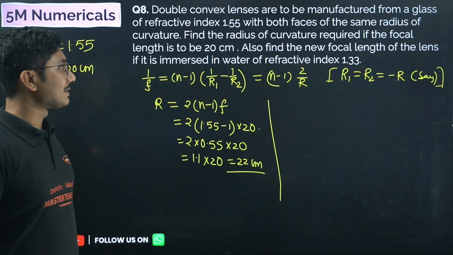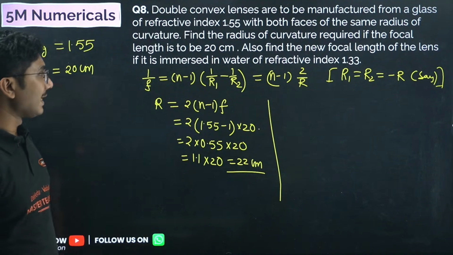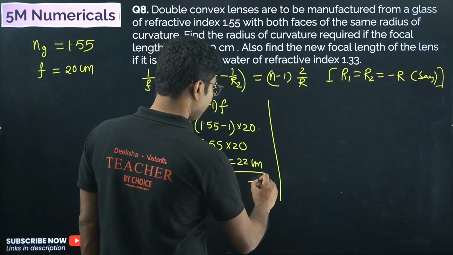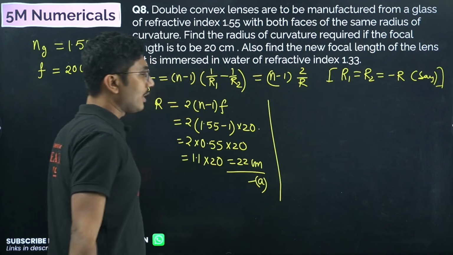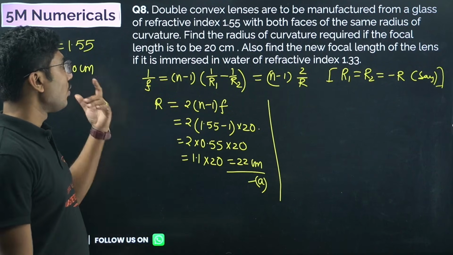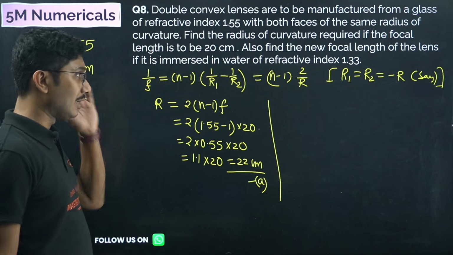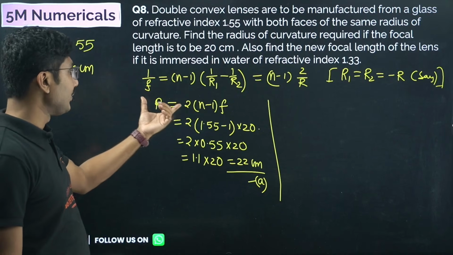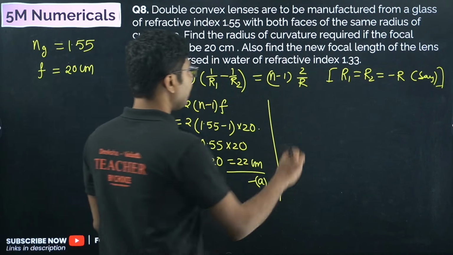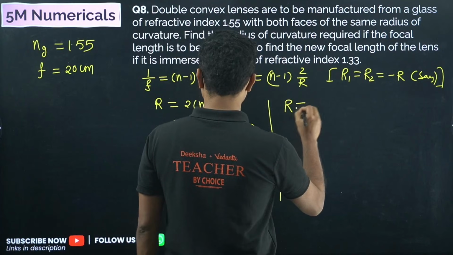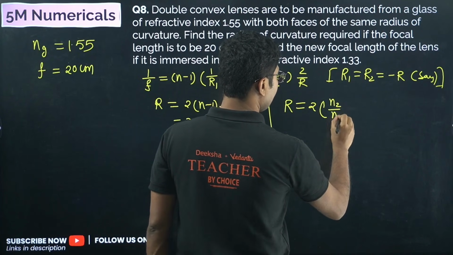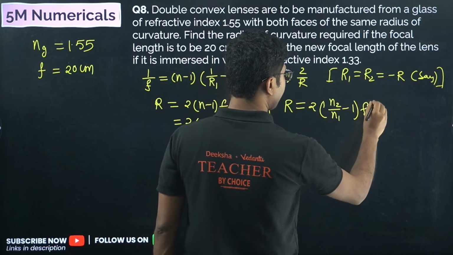Now next they are also asking to find the new focal length if the lens is immersed in water of refractive index 1.33. So this is option A. If the lens is immersed in a medium of refractive index 1.33, what will be the new focal length? Now we will start with this relation, which is the easier relation to handle: r equals 2 into (n2 by n1 minus 1) into f dash.